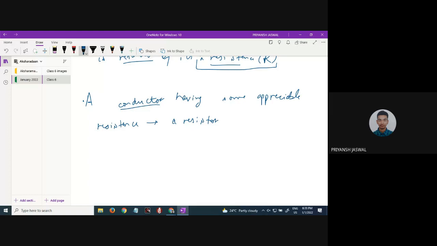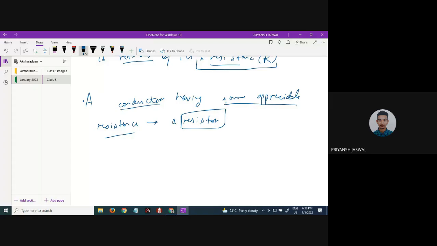A piece of conductor offering some appreciable, noticeable amount of resistance can change the value of current in the circuit if we insert it. If we insert that material, then that material is known as a resistor. The same symbol is used for resistor or resistance. Resistor is just the word and resistance is the property, you can say.